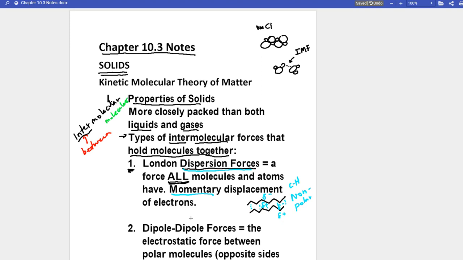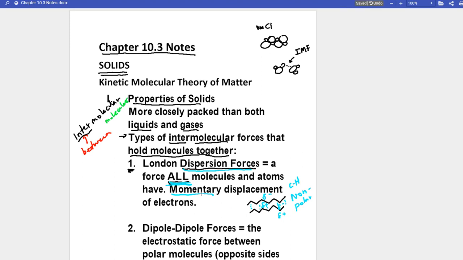When you put gas at the gas station and you smell that really strong smell, that's because they vaporize very easily because there's not a lot of forces holding them together. So these guys can escape into the air and then we smell them. So that's dispersion forces. Every single molecule has dispersion forces.